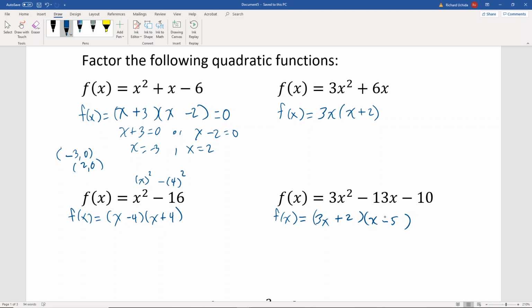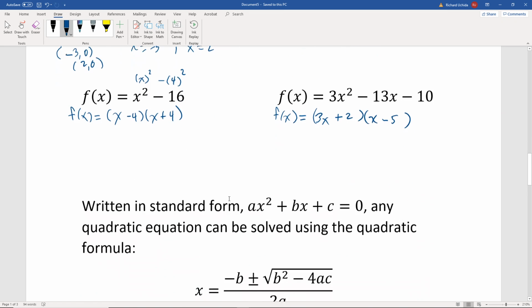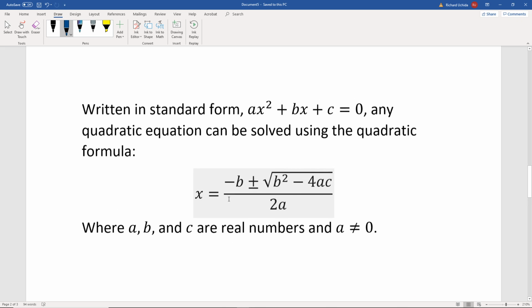So that's one way you would find your x-intercepts, but that's only if the quadratic function is factorable. So what if it's not factorable? Well, if you remember, there was what was called the quadratic formula.